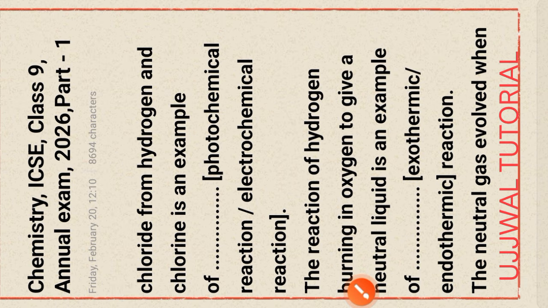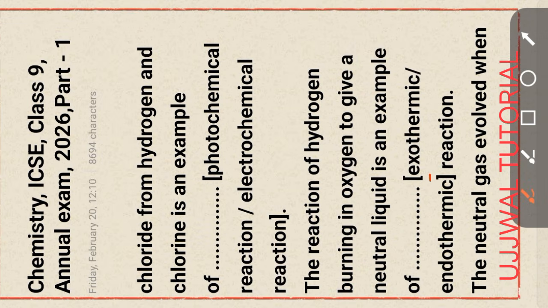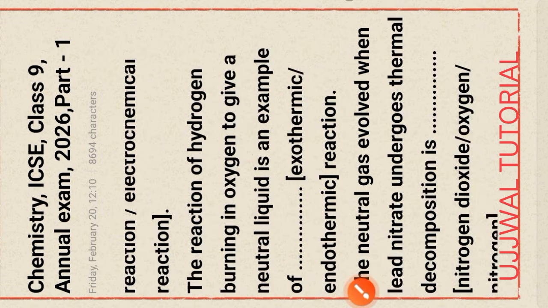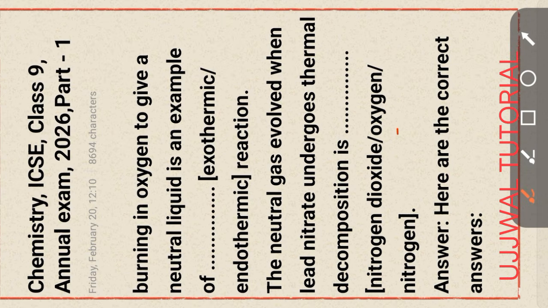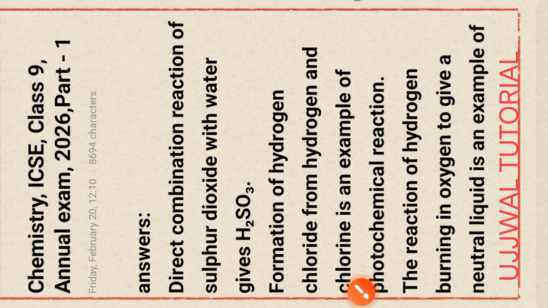The reaction of hydrogen burning in oxygen to give a neutral liquid is an example of exothermic reaction. The neutral gas involved when lead nitrate undergoes thermal decomposition is oxygen.